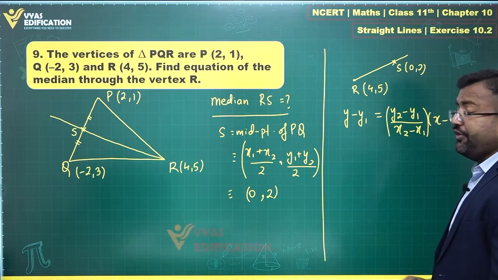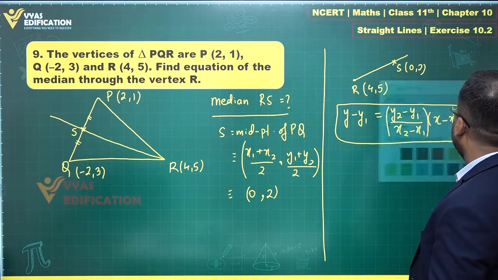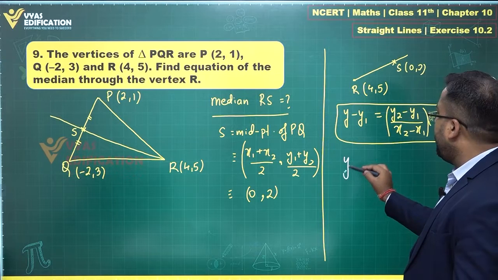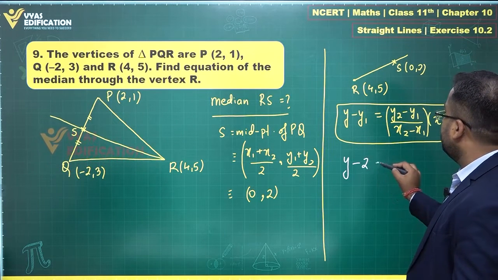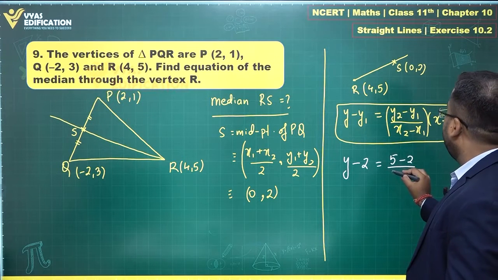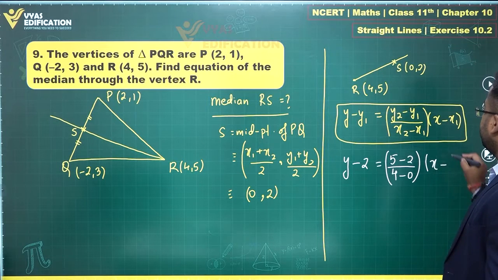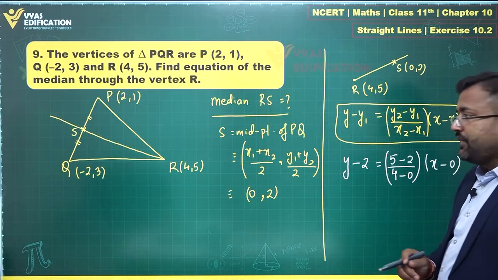Using this particular 2-point form of the equation of a line, the equation will be y minus y1, which is 2, equal to (y2 minus y1), 5 minus 2, upon 4 minus 0, times x minus 0. This is what you will need.